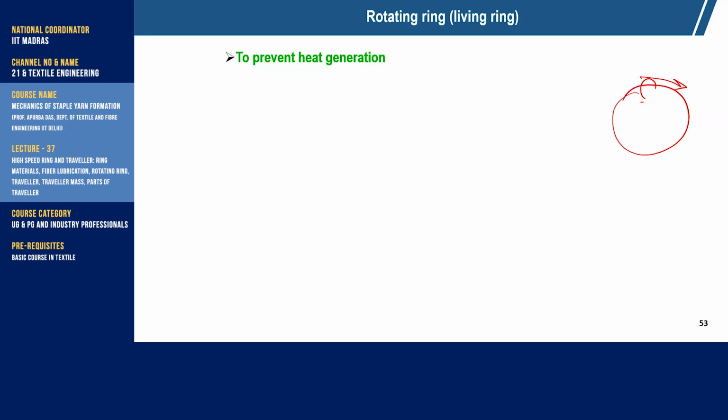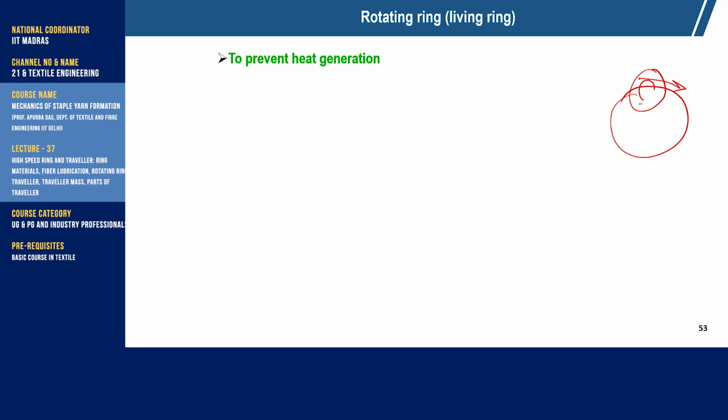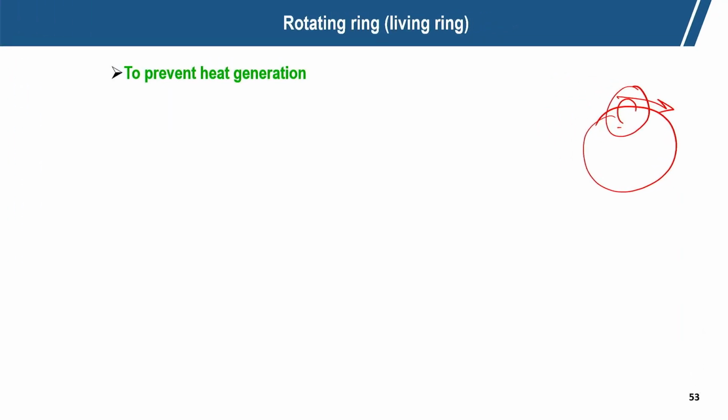If we can reduce the relative movement, by having the ring also rotate at the speed of the traveler, then there will not be any relative motion, so friction and heat will not generate. So, theoretically we can have a very high speed in ring spinning if we use the rotating ring.